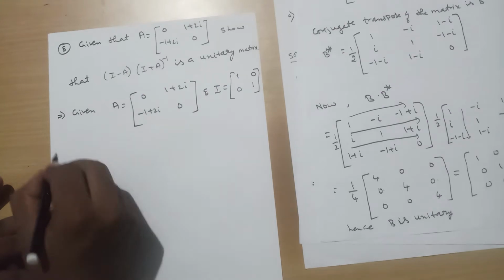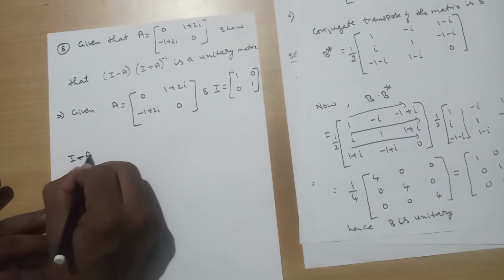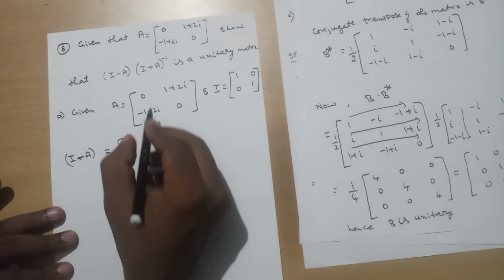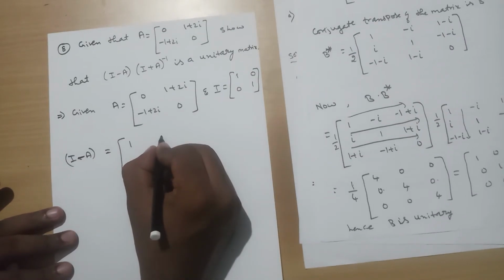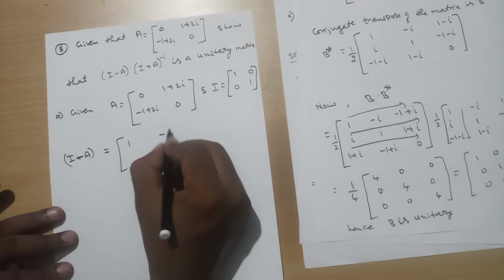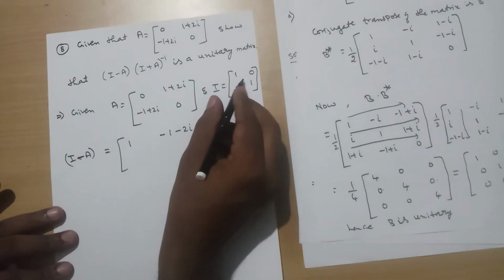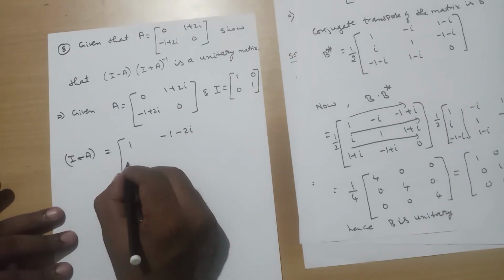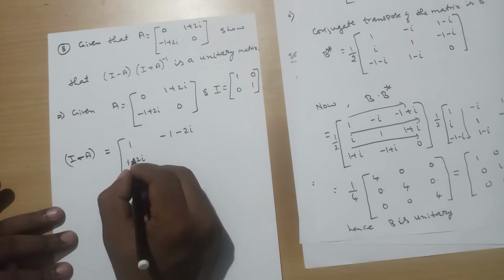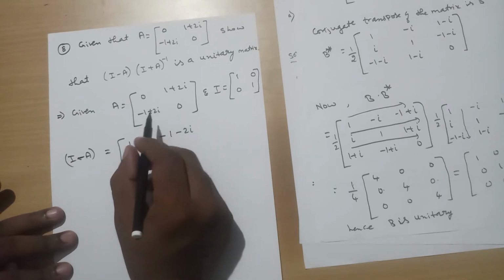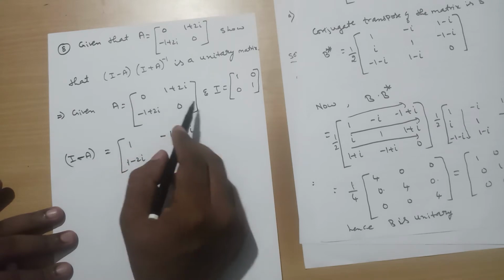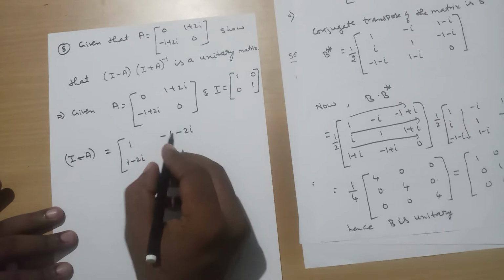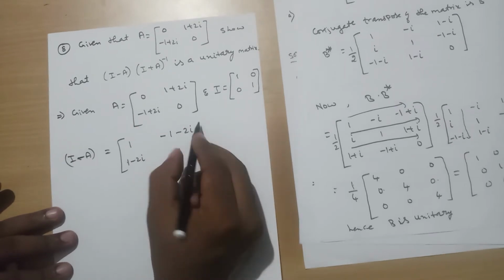So what do you get? I minus A. I minus A means what do you get? The matrix. So 1, and here you get here minus of minus 1 minus 2i ಆಗುತ್ತೆ ಸಬ್ಟ್ರಾಕ್ಟ್ ಮಾಡಿದ್ರೆ. Okay, so here 0 plus 1 minus 2i ಆಗುತ್ತೆ. Okay, so here 0 minus of minus 1, so here 1 minus 2i, and here you will get 1.